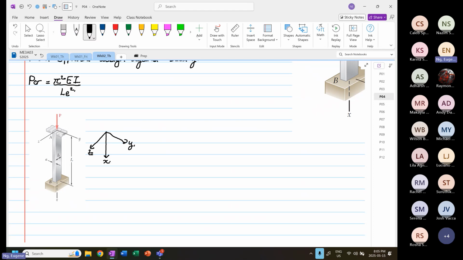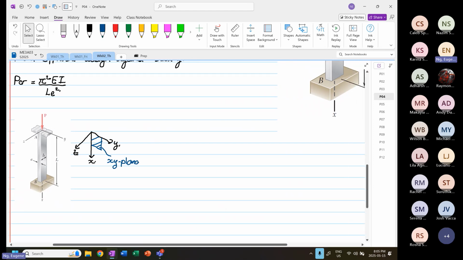So the first thing that I want to focus on is buckling. And this plane over here, we are going to call our XY plane. Now I'm going to sketch how it looks on the XY plane.